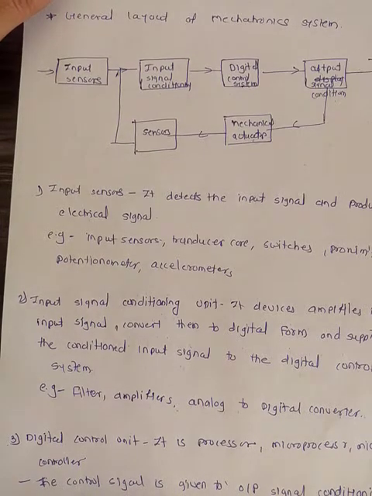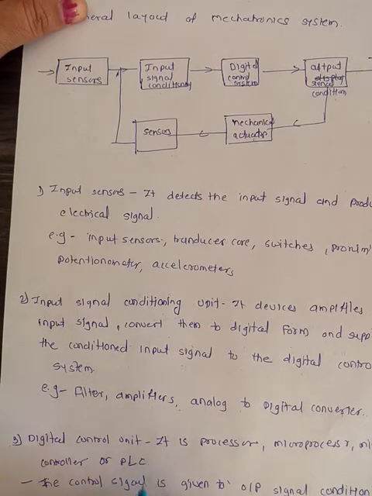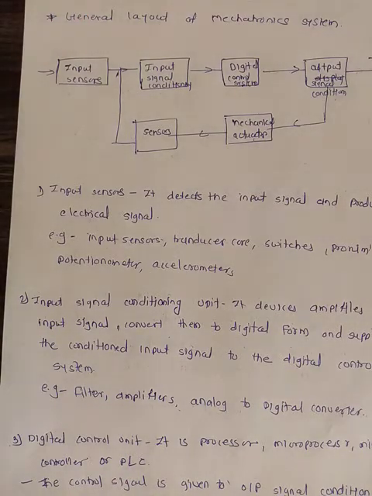Okay, the digital control unit gives the control signal to the output signal conditioning unit. And the examples of the digital control unit are the processor, microprocessor, microcontroller and PLC. Also, PLC is an example of the digital control unit.